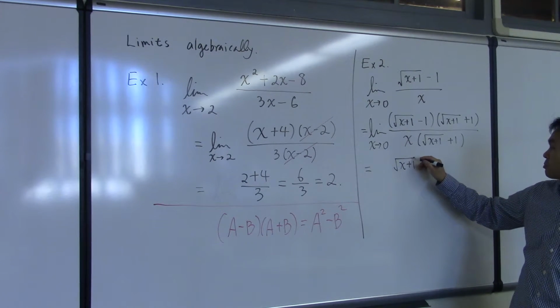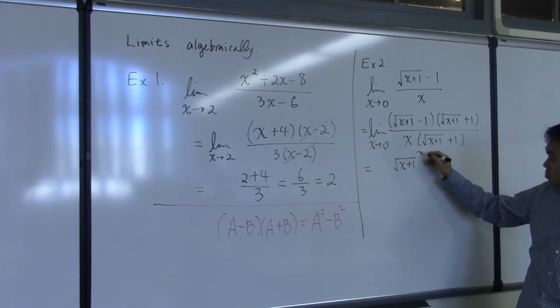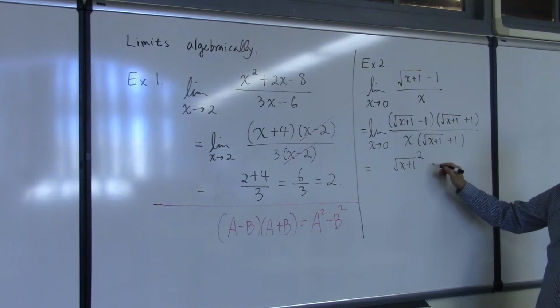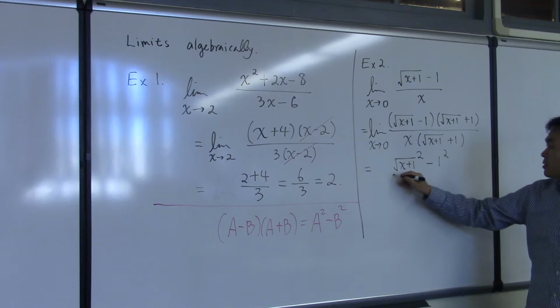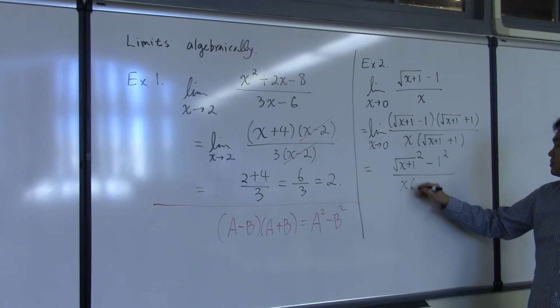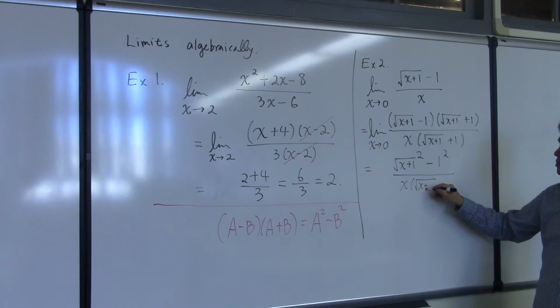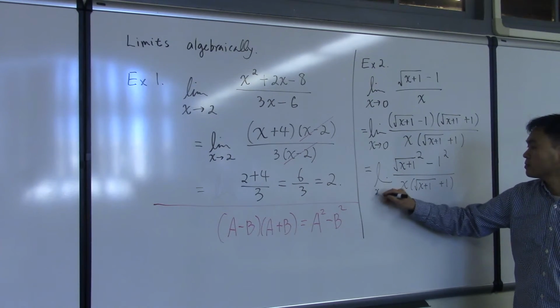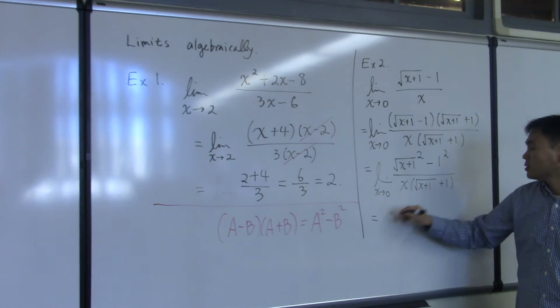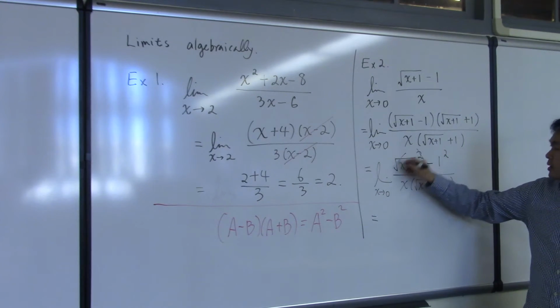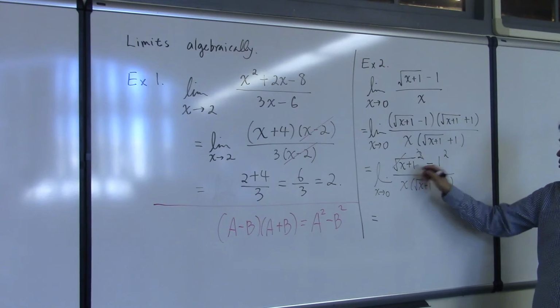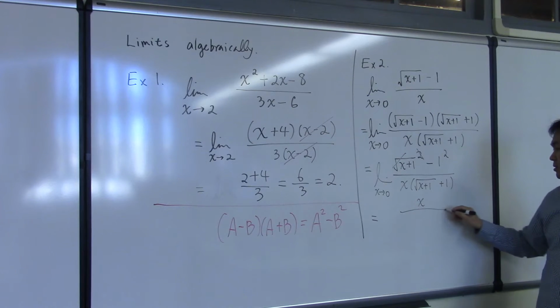Square root of x plus 1 is the first one, and you square this, and you subtract the square of the second one. So you get this. And then they cancel, that's 1. So you end up with just an x.